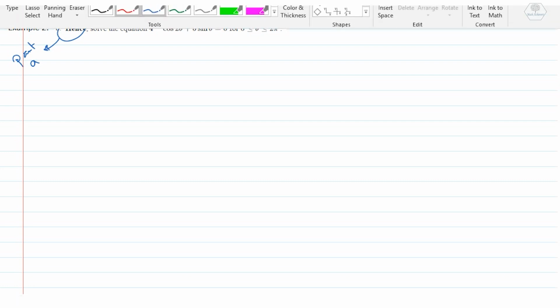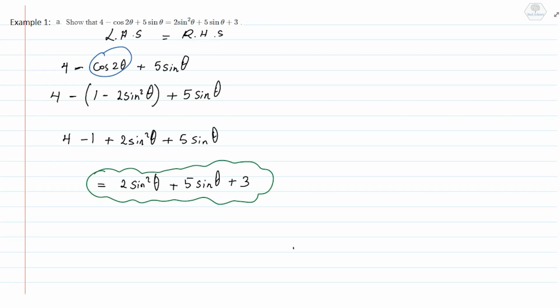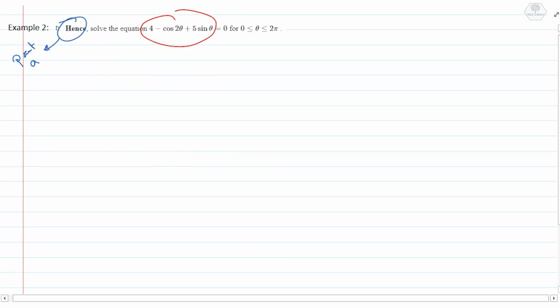Since I know this value is equal to what I found in part A, I can simply change it. So what is in part A is 2 sine squared theta plus 5 sine theta plus 3, and that is equal to 0.